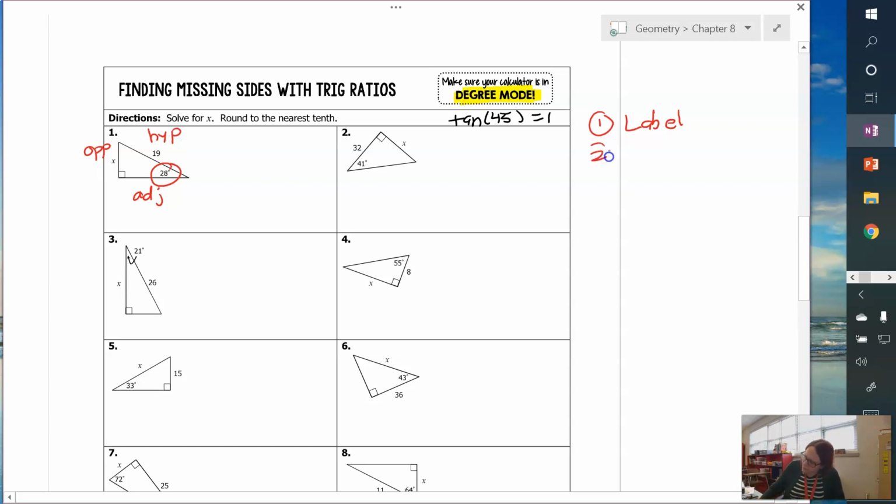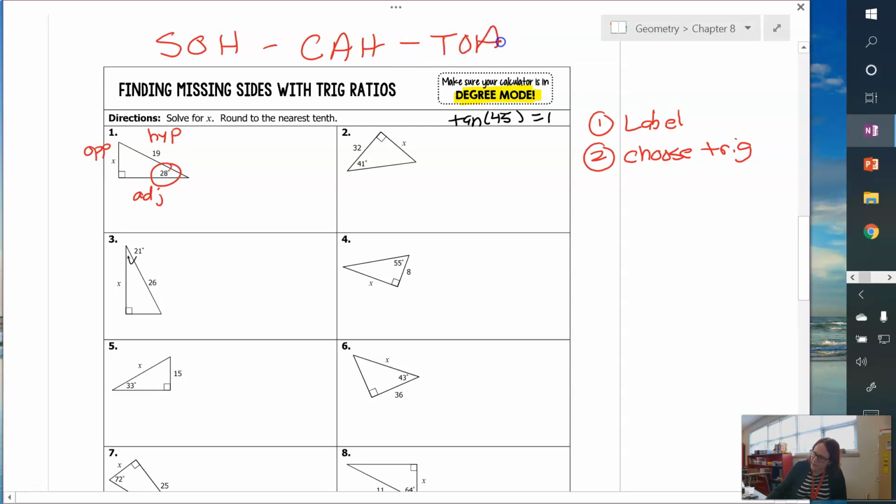The second thing you're going to do is choose your trig ratio. And at the top of your paper, I want you to write this on every paper. So, SOH, CAH, TOA. So first, label the triangle.